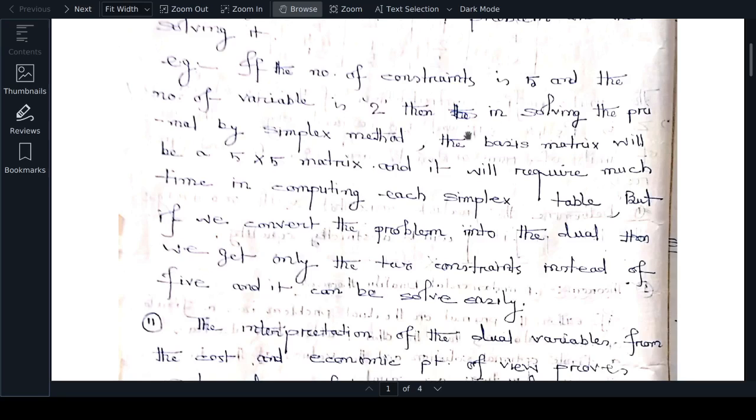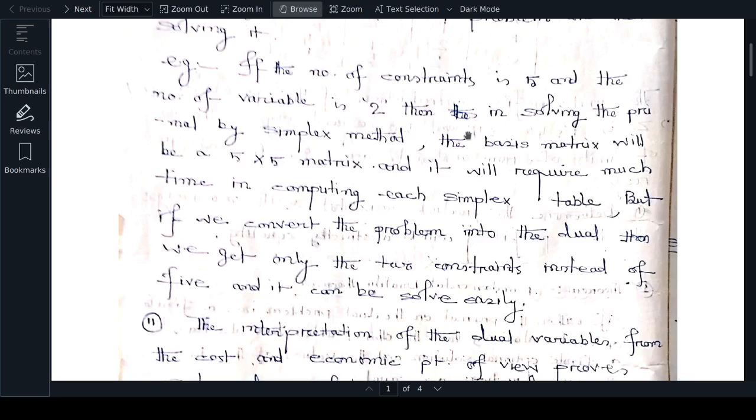And next one is what? The interpretation of the dual variable from the cost and economic point of view proves extremely useful in making future decisions in the activities being programmed. So actually this one will be what?